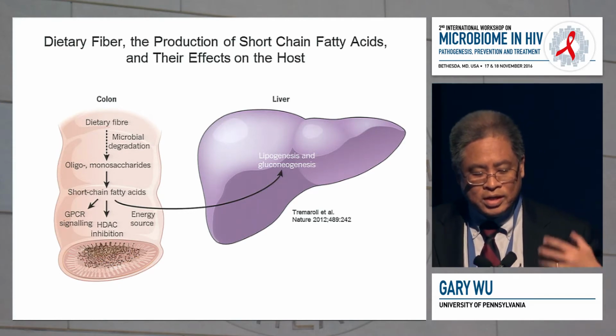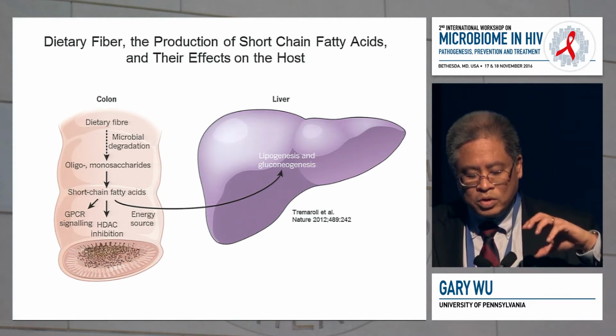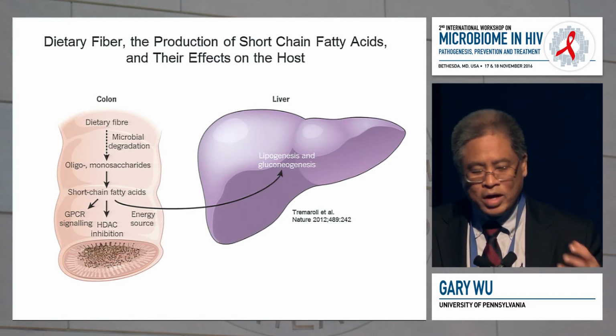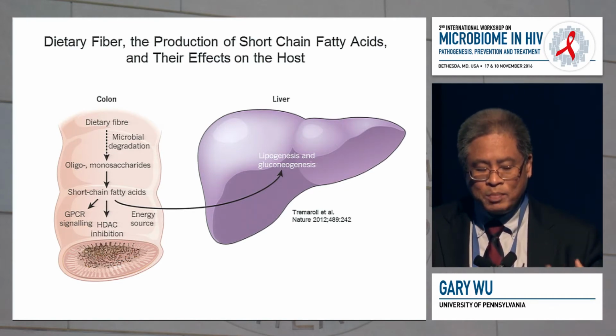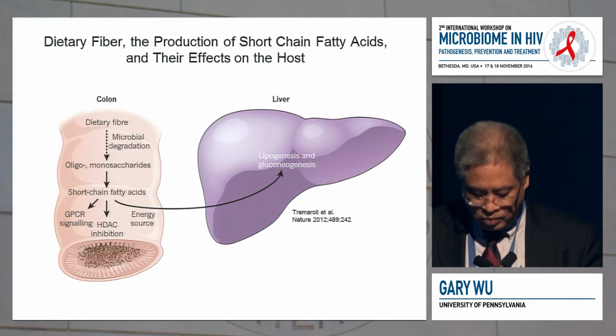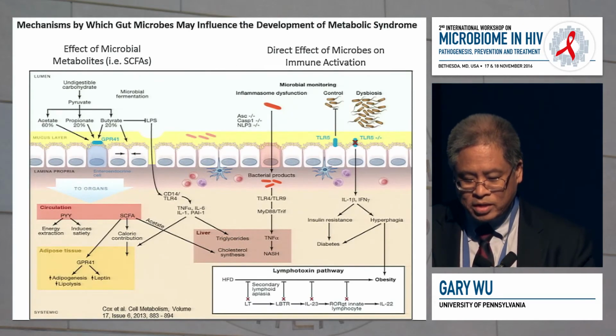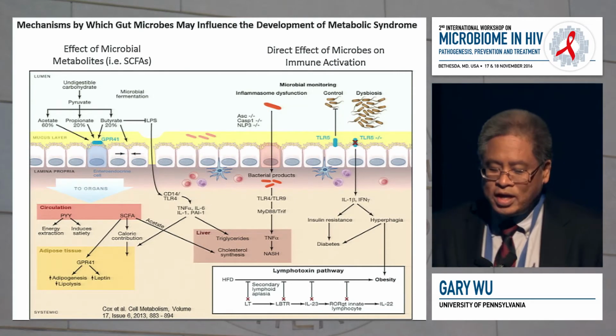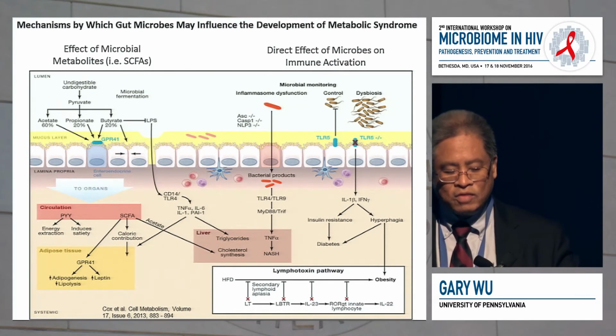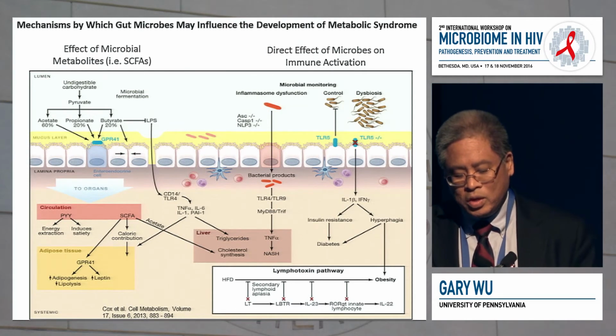So the whole notion that these molecules that are produced by the microbiota or modified by the microbiota could actually be signaling molecules to receptors is a very important concept that I will be coming back to later on in my talk.